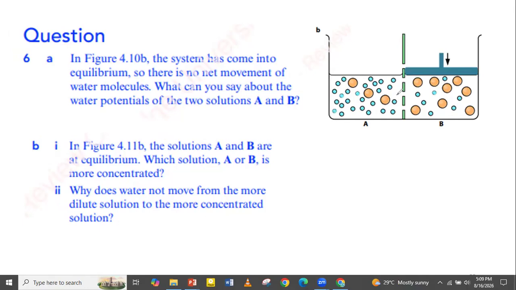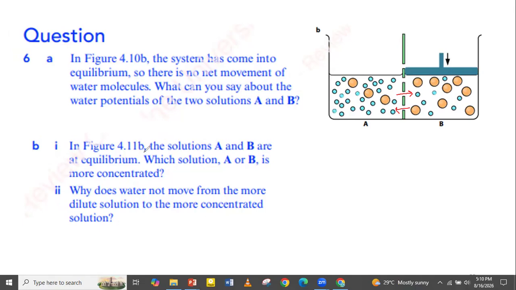What does that mean? It means that the rate at which water molecules move from A to B will be the same as the rate at which water molecules move from B to A. So in that case, the water potential of the two solutions is equal. So the water potential of A is the same as the water potential of B.